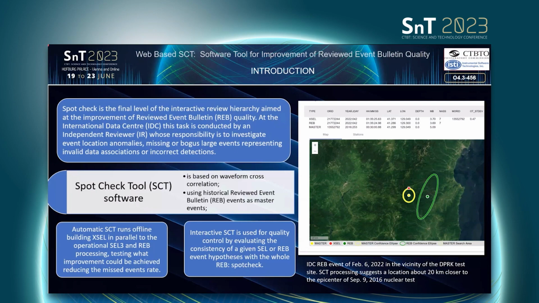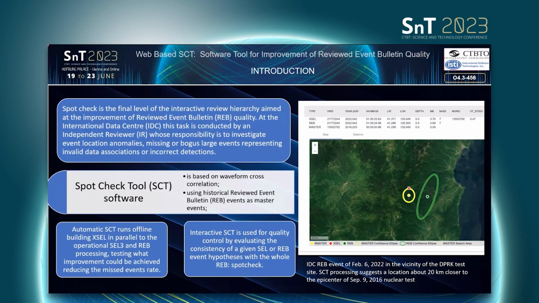So now, in a perfect world, if one list, IDC REB, and our cross-correlation bulletin are the same, then everything is perfect. Unfortunately, our world is far from perfect, and so there are a lot of differences, and these differences provide food for thought and help in solving the problems with REB, LEB, etc.